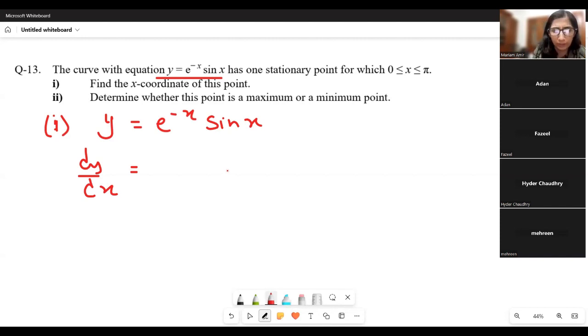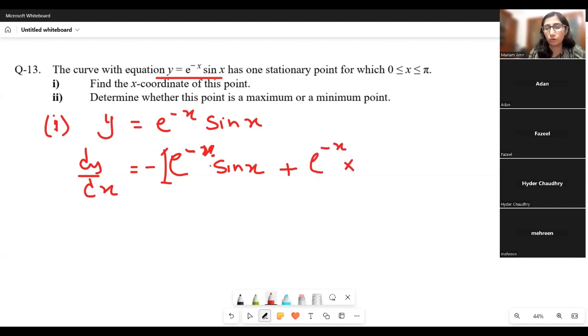So e power minus x stays the same, and then you differentiate the power, and the derivative of that is -1, so I'm multiplying it with -1. And the second function stays the same, sine x. Then a plus sign, the first function stays the same, and you differentiate sine x, which is cos x.